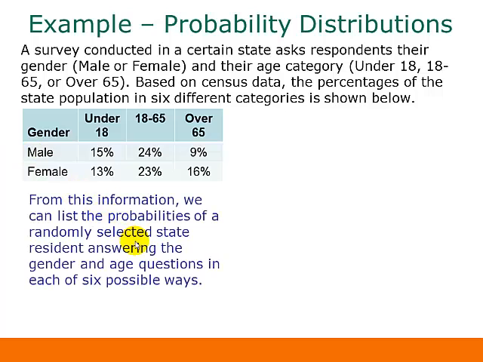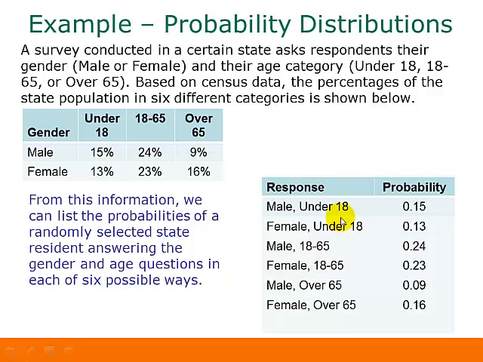So we can use this information to list the probabilities of a randomly selected state resident answering the gender and age questions in each of the 6 possible ways. So here are 6 possible outcomes, and here are the probabilities, and we just got those from the percentages over here. In this case, they're just written in decimal form instead of percentage form.